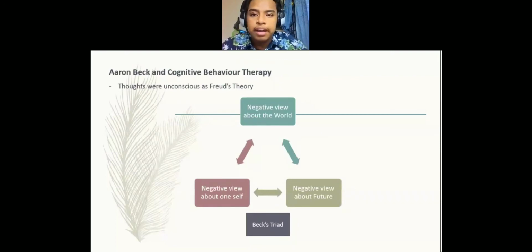And also we have Aaron Beck and cognitive behavior therapy, which goes beyond the unconscious as in Freud's theory. Actually, in here, it goes back to the ABC, but with a switch: negative view about oneself, negative view about the world, and negative view about the future. What do we mean by this? Negative view about oneself, for example, is when we make a mistake.